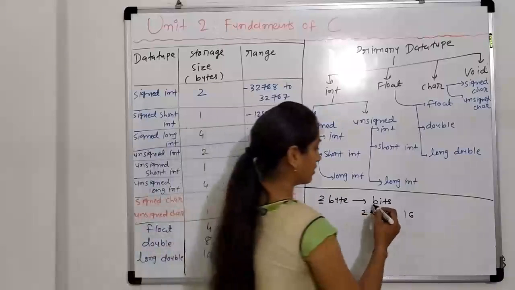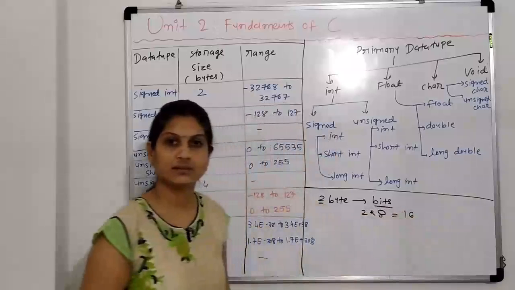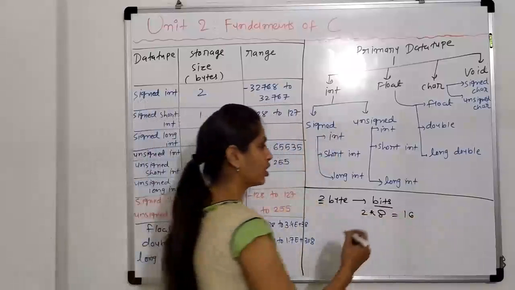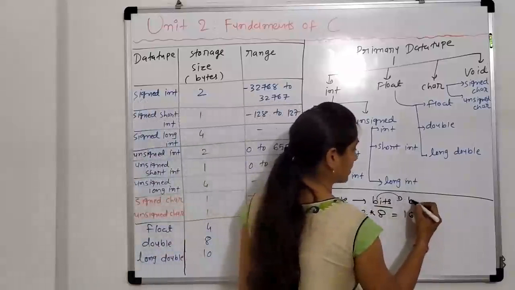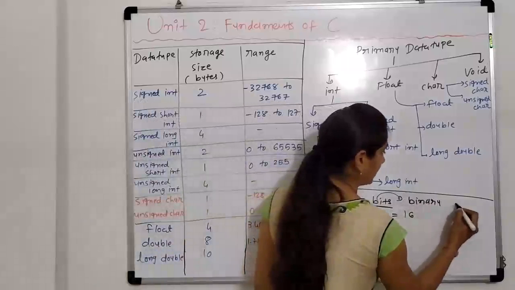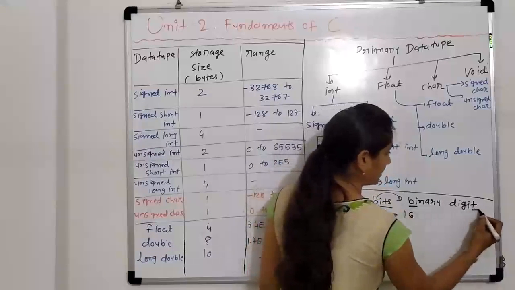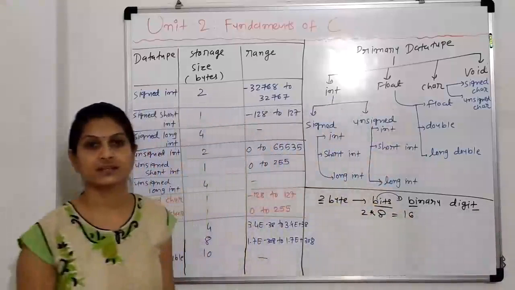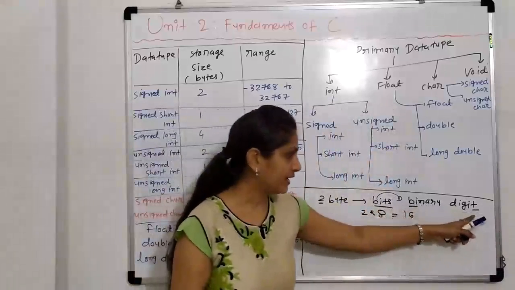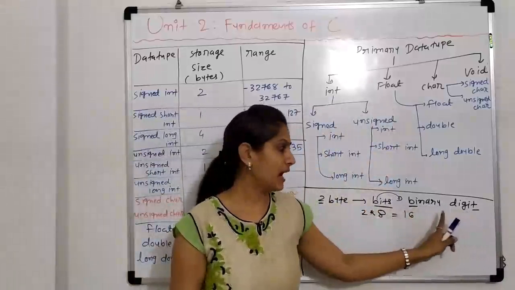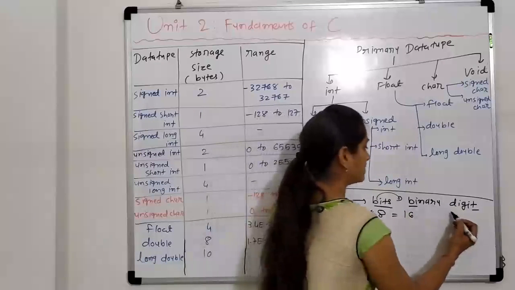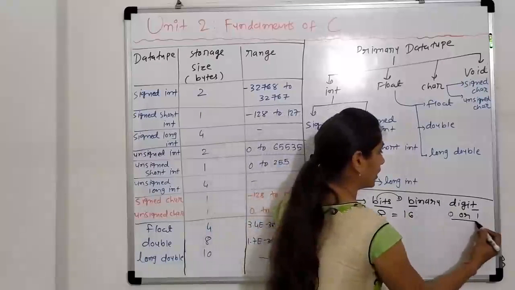Now, does anyone know the full form of bit? Bit means what? The full form is binary digit. Binary, that is B-I, and T, that is digit. Clear? So bit, binary digit, and a binary digit is nothing but 0 or 1.